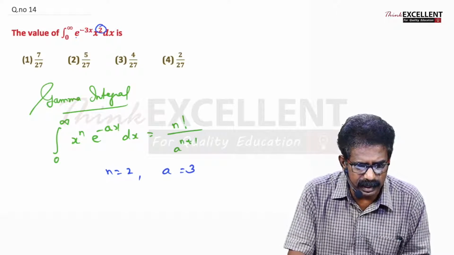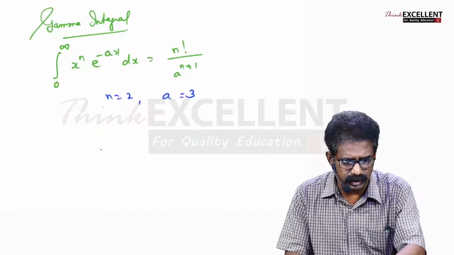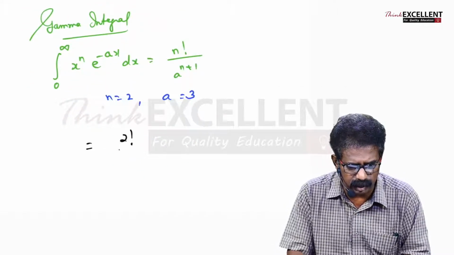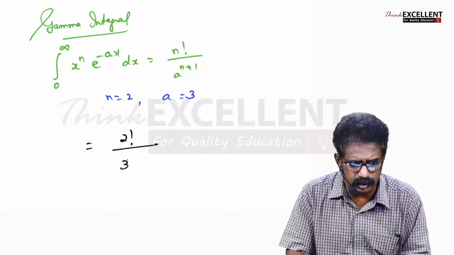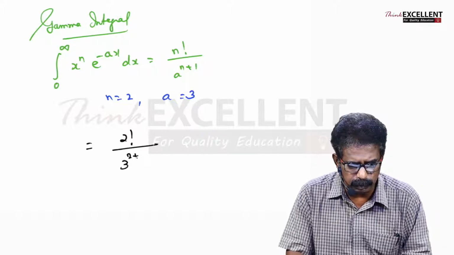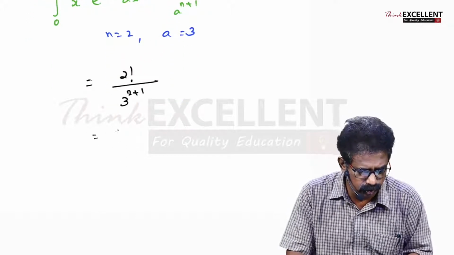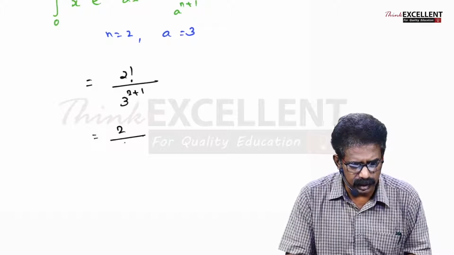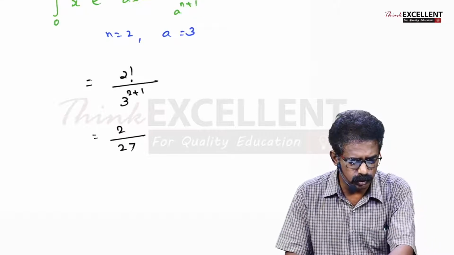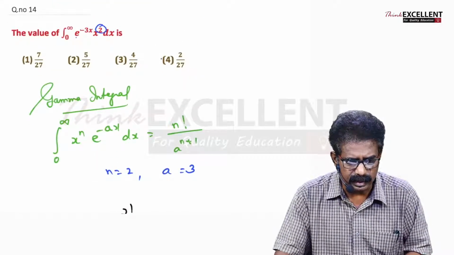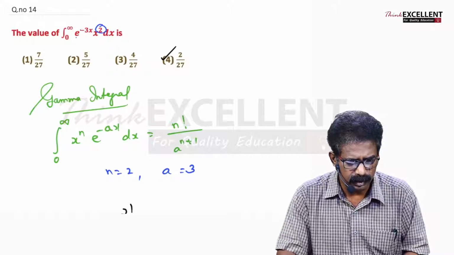By gamma integral, its answer is n factorial, 2 factorial, by a raised to n plus 1, 3 raised to 2 plus 1. So 2 factorial is 2, by 3 cube, 27. 2 by 27. That is option number 4.